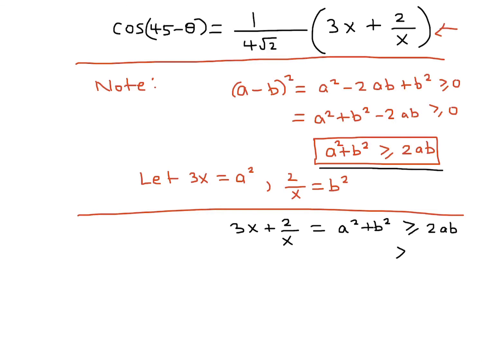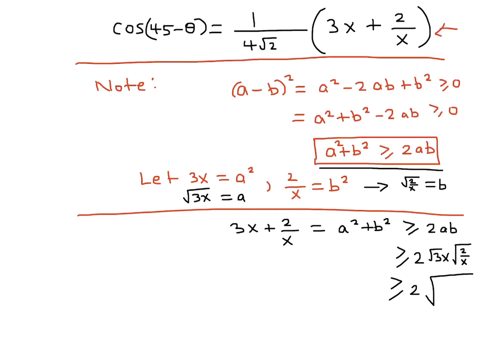Now, what is our a and b? Well, a would be root 3x, so put that in there, and b would be the square root of 2 over x, like that.